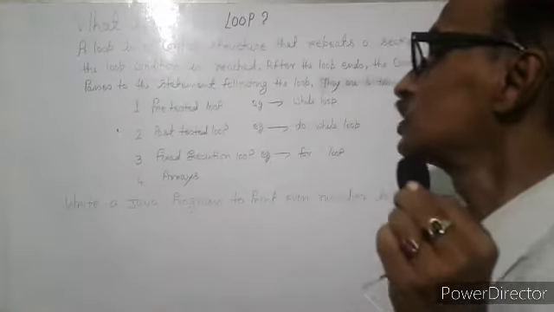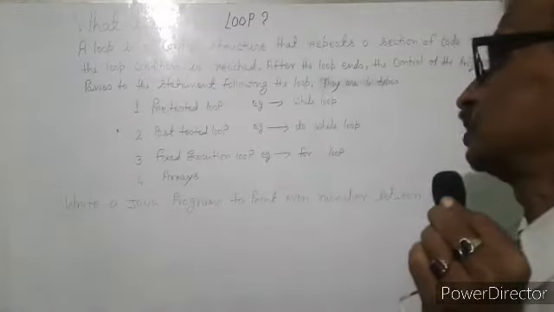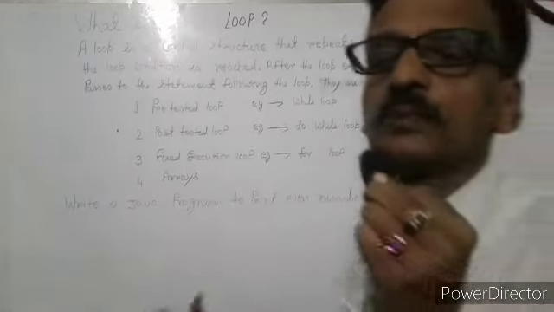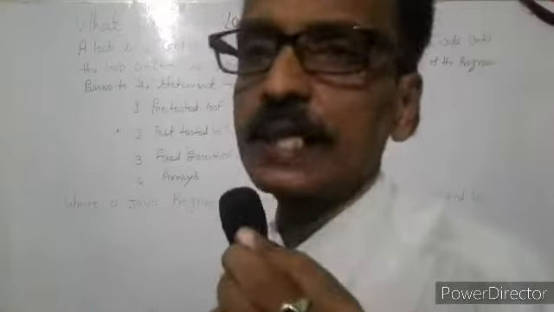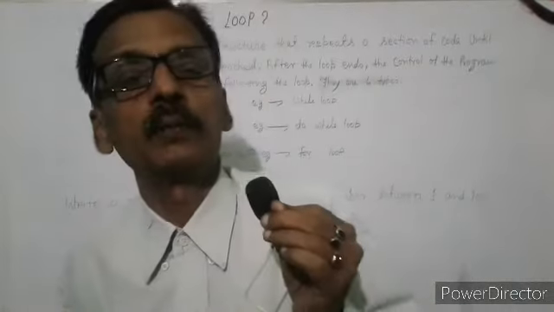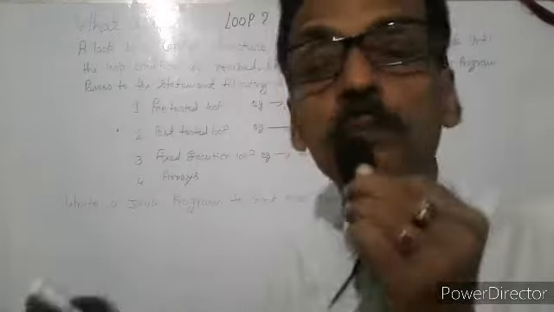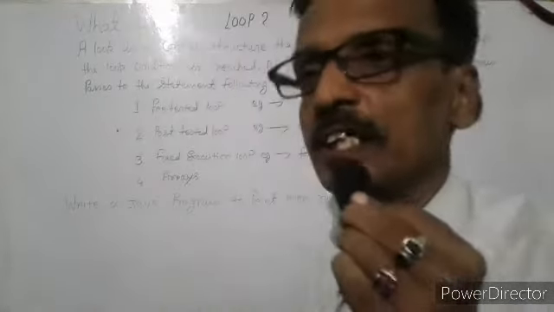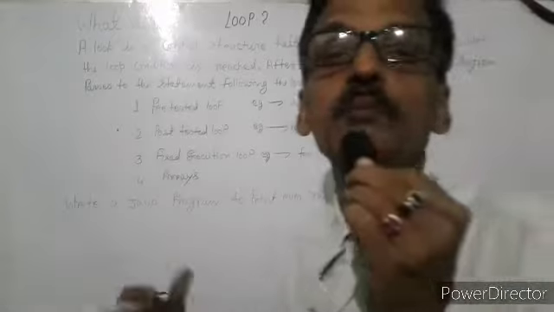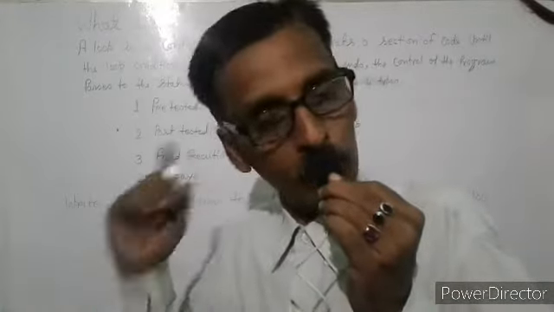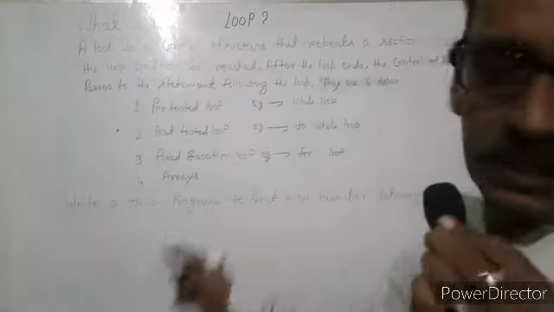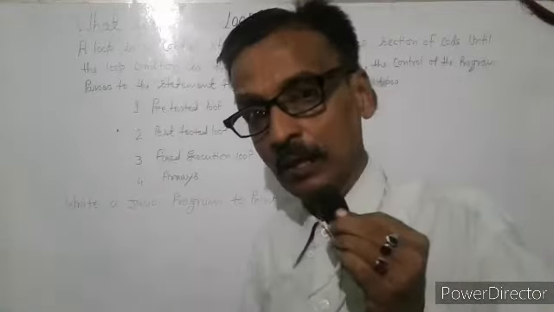So, it is called a post-tested loop. And fixed execution loop: it is a fixed number of times, just like a week or a month, or suppose we want to print 100 times, in that case the loop will be repeated up to 100 times. And arrays are just like a table.